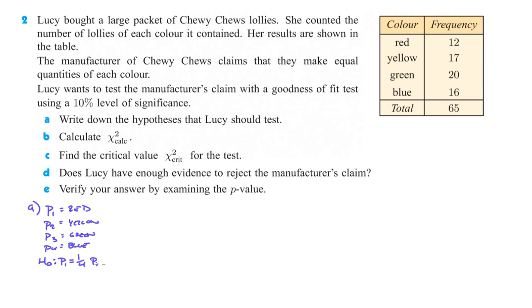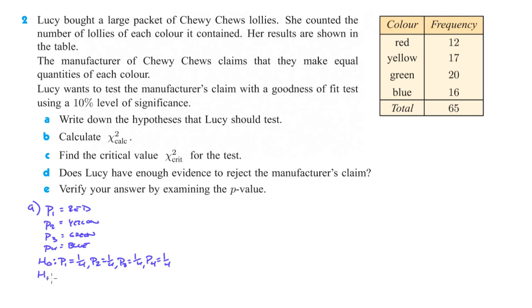Probability of 2 should equal a quarter. Probability of 3 should be a quarter. Sorry, I'm trying to put commas around all these to make it a little easier to understand. Probability of the 4th one should be a quarter.